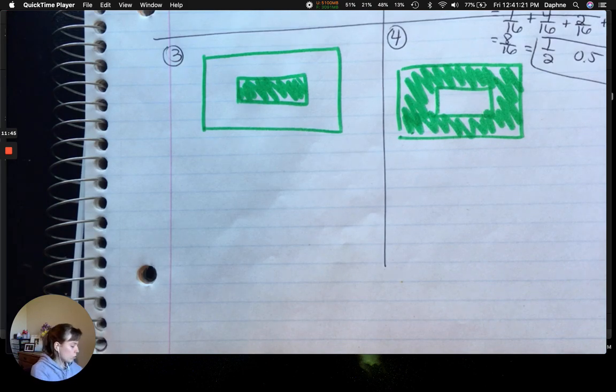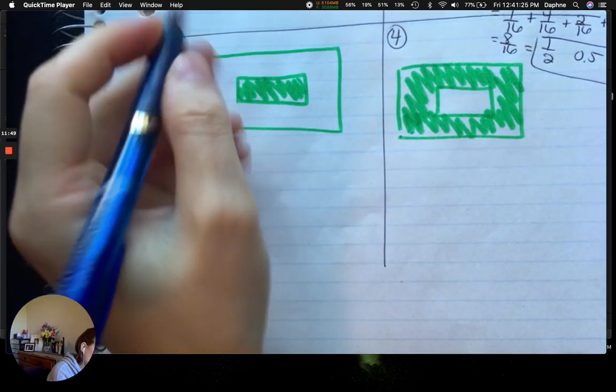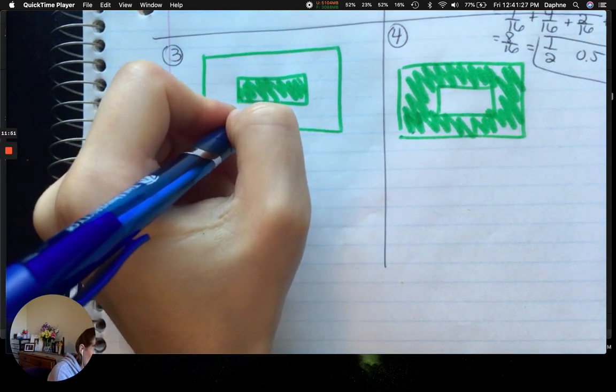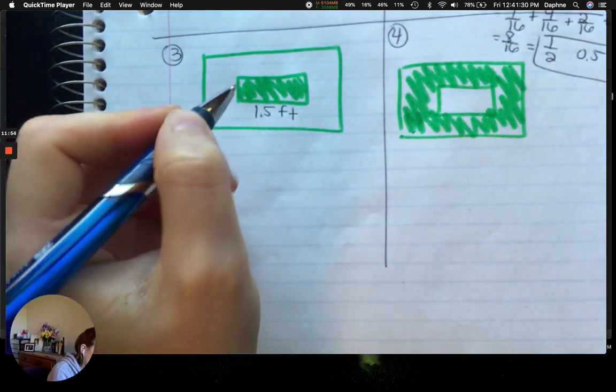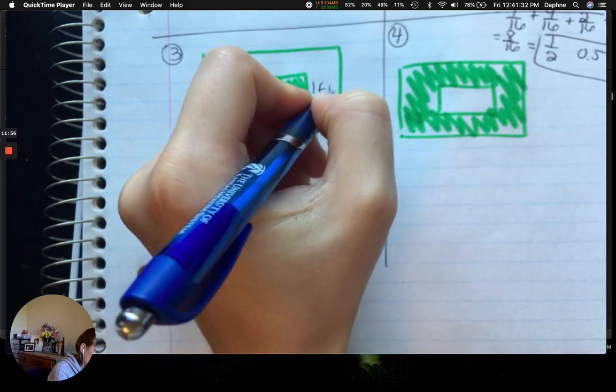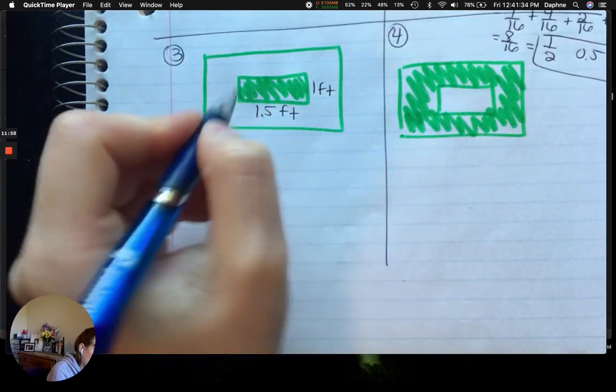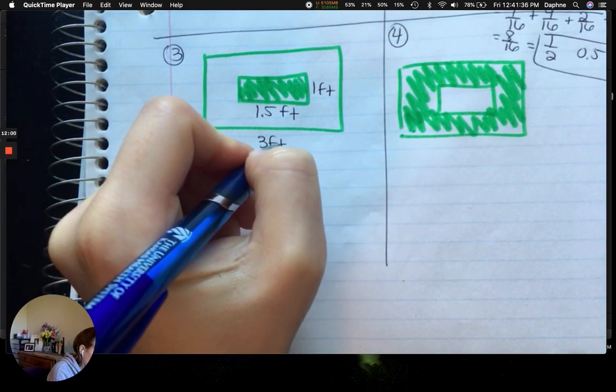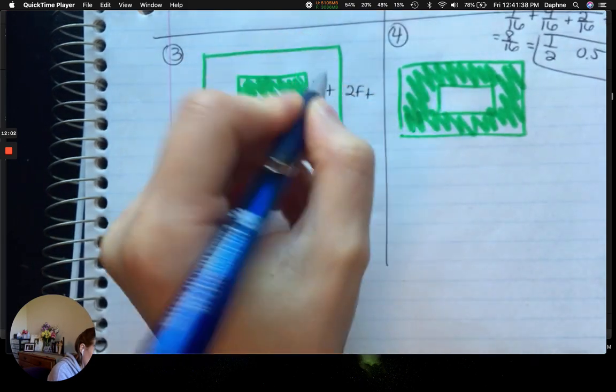Okay? So drawing those, and we're going to label them. So this distance is going to be 1.5 feet. This distance will be 1 foot. This whole distance will be 3 feet, and then 2 feet for this whole height.